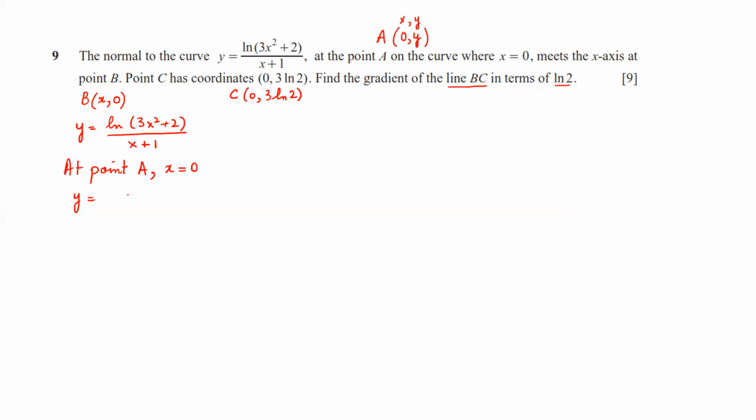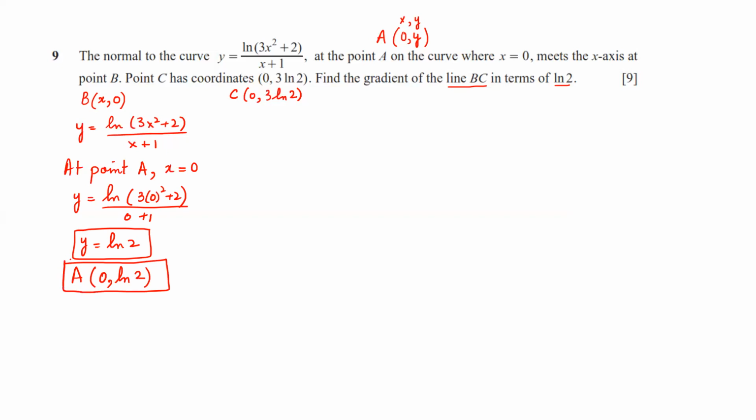Your y value is natural log of (3 into 0 square plus 2) over (0 plus 1). So the y value is natural log of 2. So the coordinates of A, remember, are 0 comma natural log of 2. Now one of my points is very clear. Point A is clear to me now.